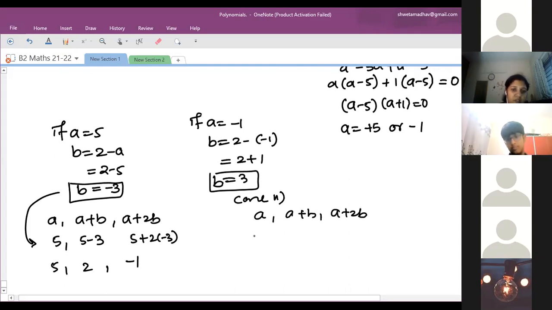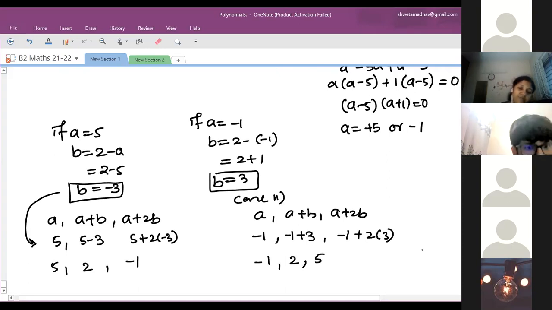So the value of A is minus 1, A plus B is minus 1 plus 3, and minus 1 plus 2 into 3, that is minus 1 plus 6, which is 5. These are the zeros.